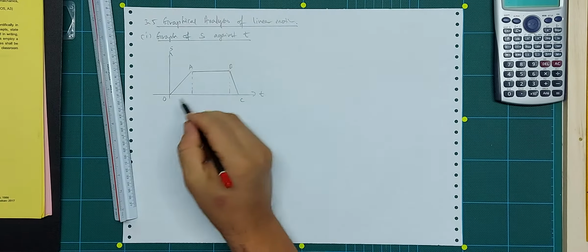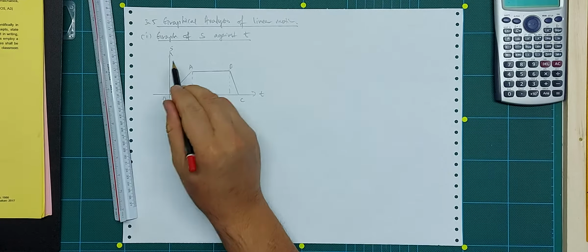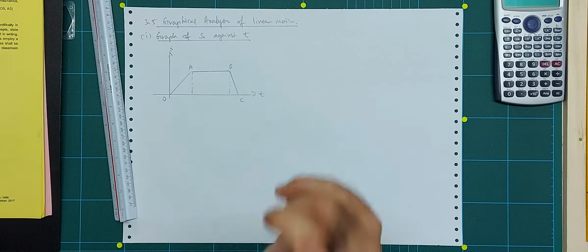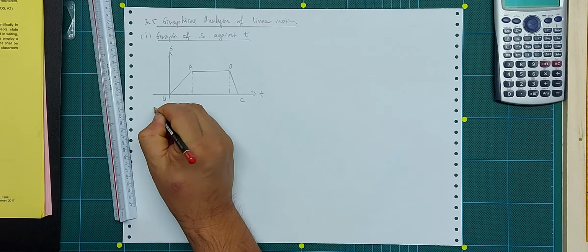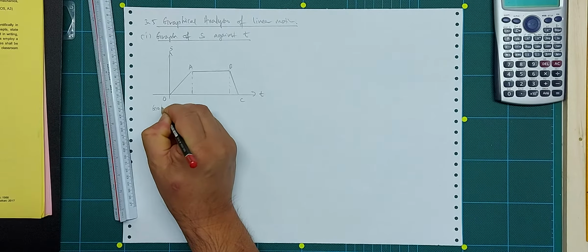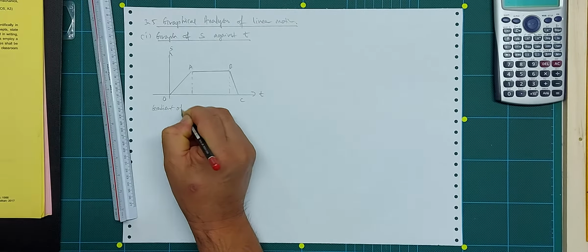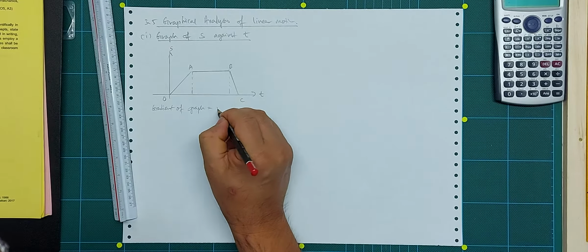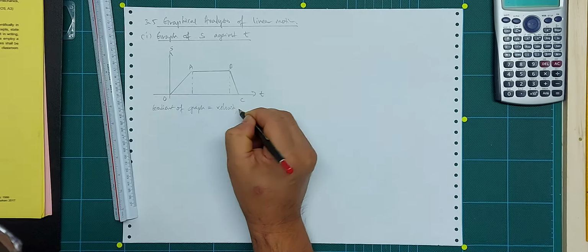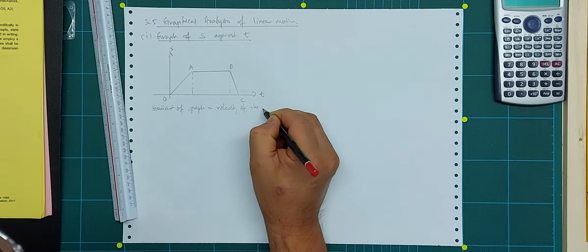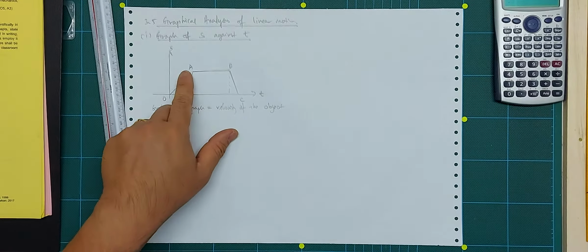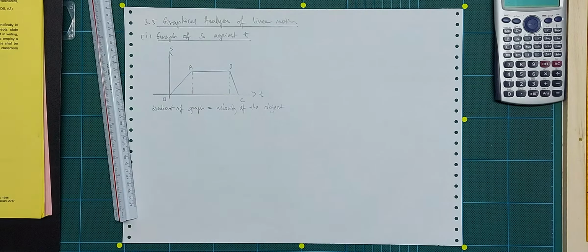Now, for this type of graph, one piece of information is important. The gradient of the graph is equal to the velocity of the object.